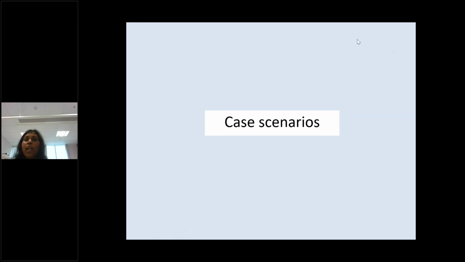So I'm just going to check with everyone, do we have any questions prior to moving on to the case scenarios? Katie has posted a question: if they weigh more than 80 kg, should we use ideal body weight or just 80 kg to calculate the fluids?